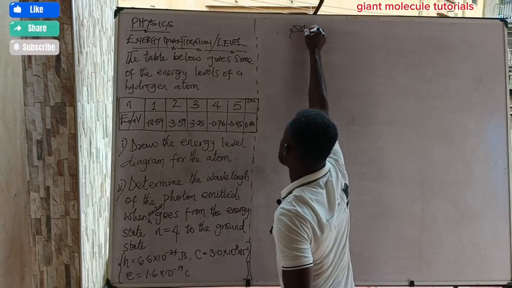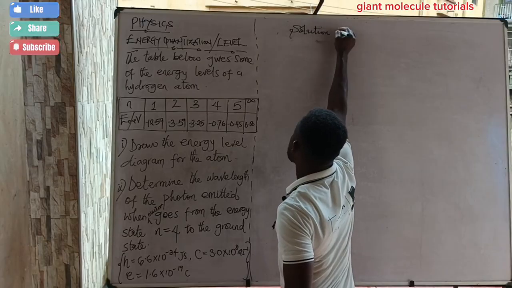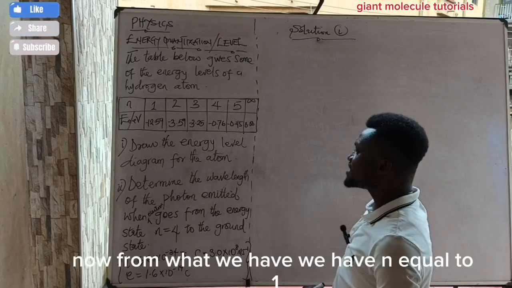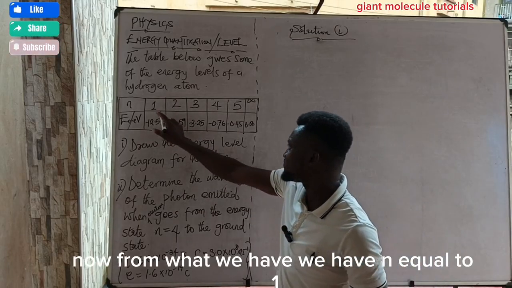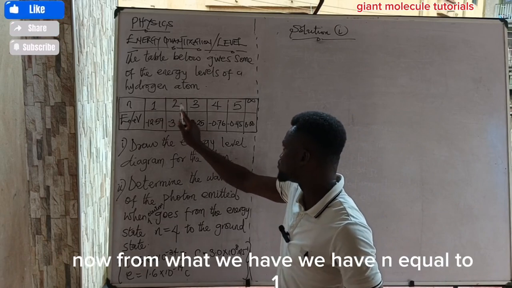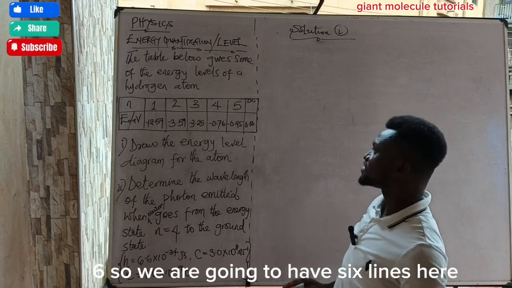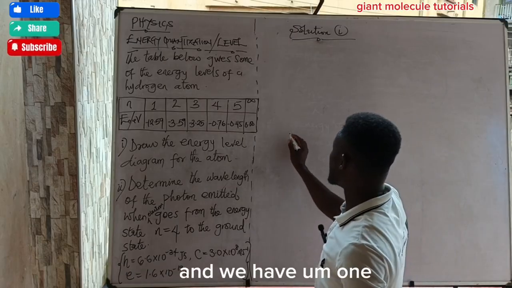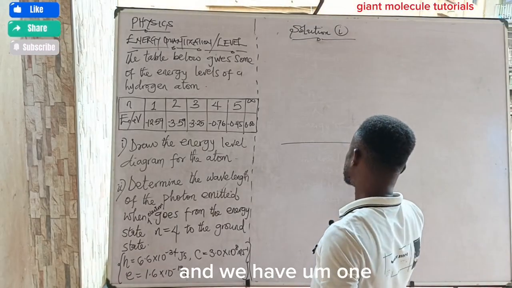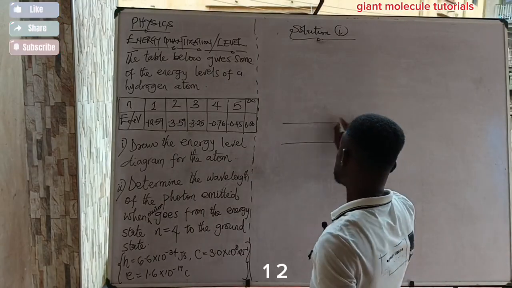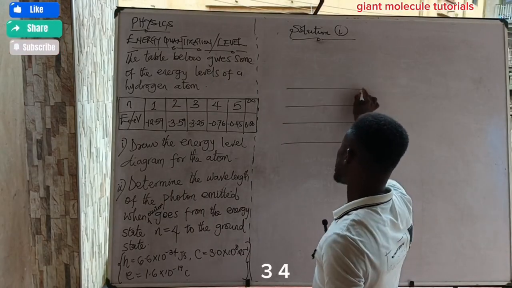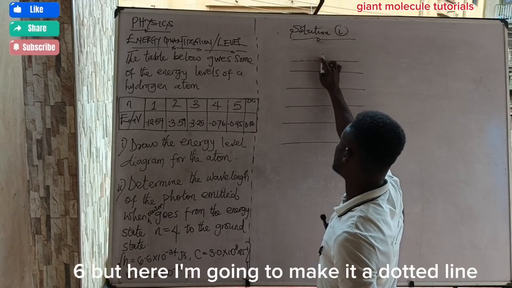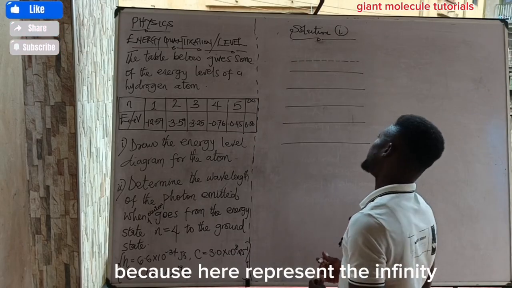Solution. Now, from what we have, n equal to 1, 2, 3, 4, 5, 6. So we are going to have 6 lines here. But here I'm going to make it a dotted line because it represents infinity.